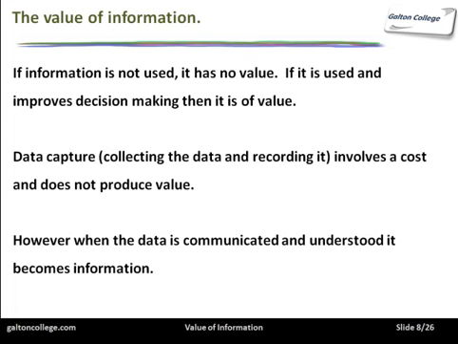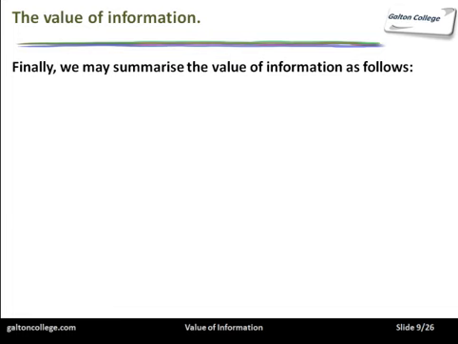Sometimes the data has to be processed before it becomes information. We might have to apply statistical techniques, for example, or some sort of interpretation on the facts. At that point, it may become information. Finally, we may summarize the value of information as follows.